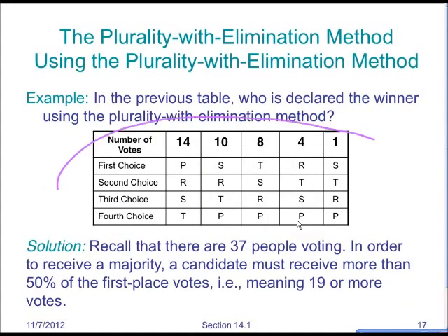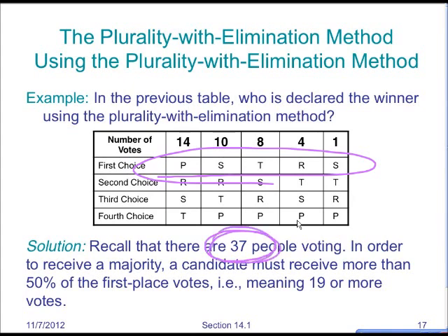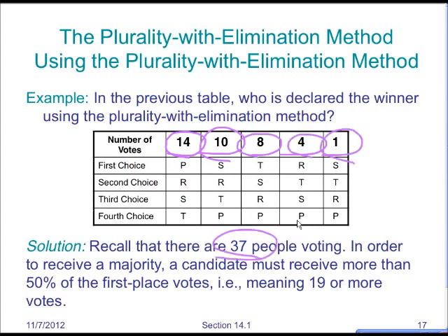So we still have that same preference table. We want to figure out who wins with plurality with elimination. So we look at the first place votes. To get a majority, okay, so there's 37 people voting. So 10 plus 14 plus 8 plus 4 plus 1, that's 37 people.